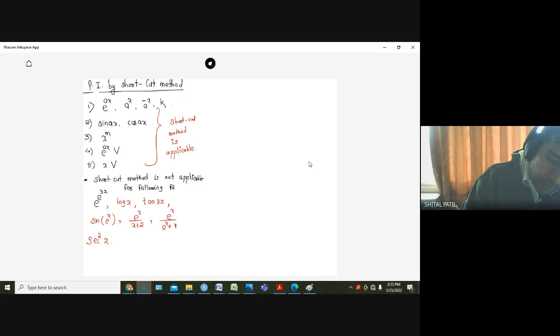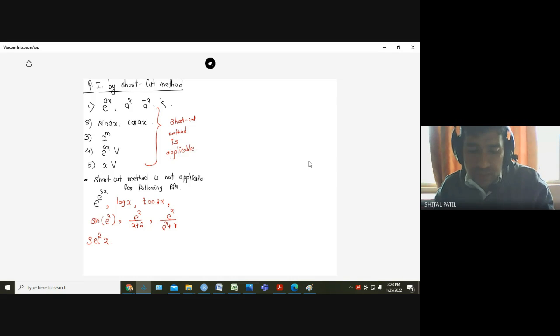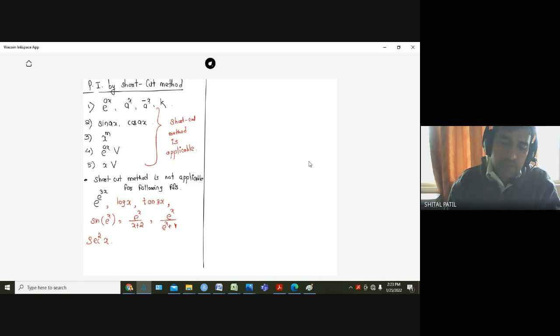Write this down. Then the question remains how to solve. For that there is a general method. So next is the general method of finding particular integral. PI by general method. So yes, hold on a second.